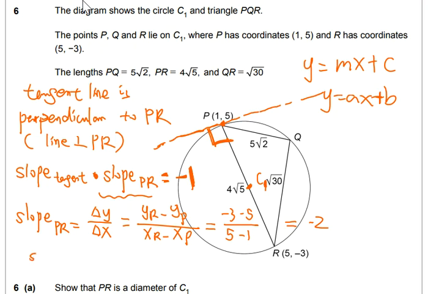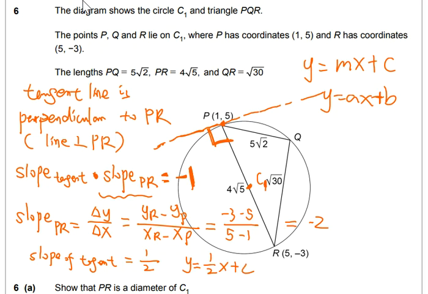So we know that the slope of the tangent is 1/2. Since the line has the form y equals mx plus c, I can write y is 1/2x plus c.